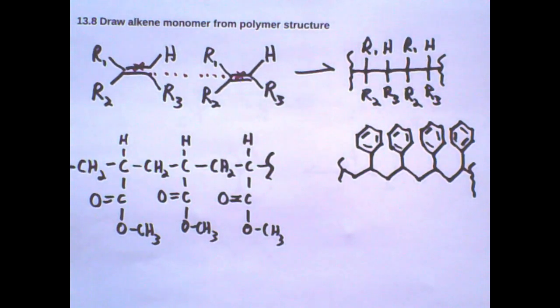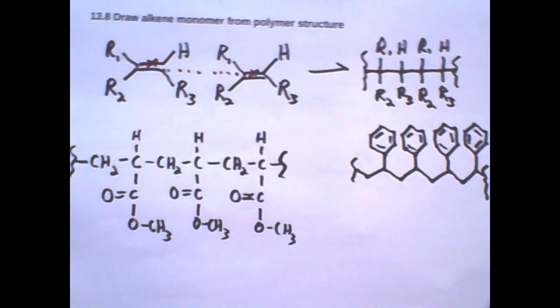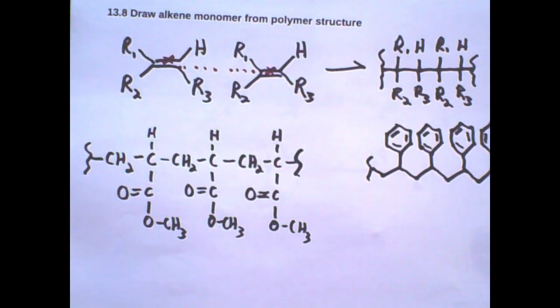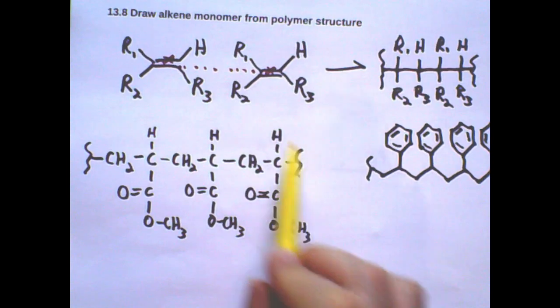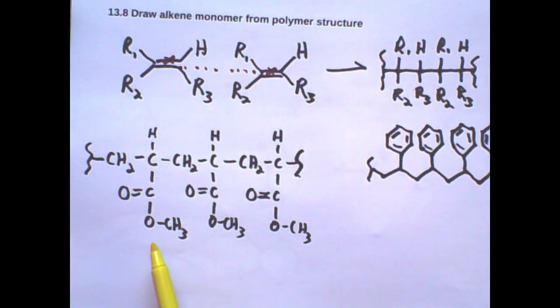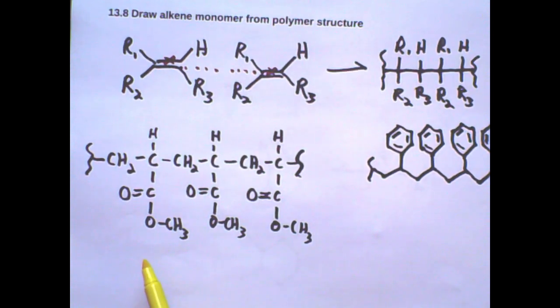So how do you learn? We're not really going to be doing polymerization reactions, but if we look at a polymer that we already have, like this one here, can we look at it and figure out what the monomer units are? We're just looking for where the polymer repeats.